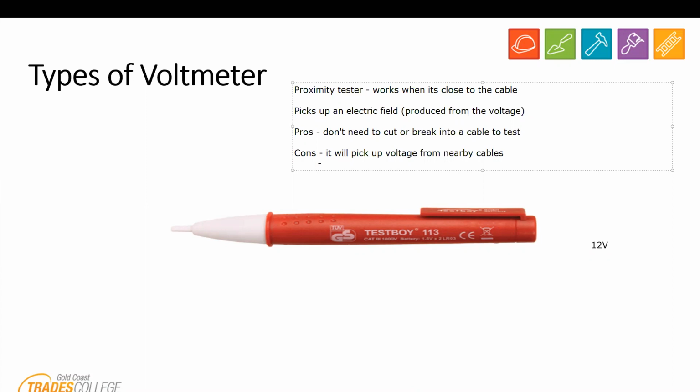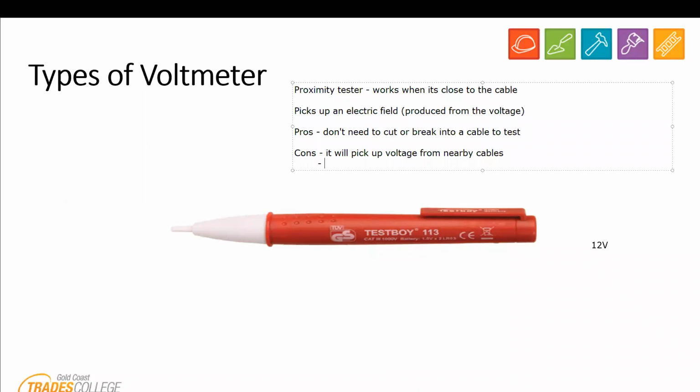And secondly, and this is in your assessment when we're talking about lots of different types of voltmeter, a few examples are your volt stick, your solenoid tester, your neon tester. They all will either light up or make a noise when they sense voltage.